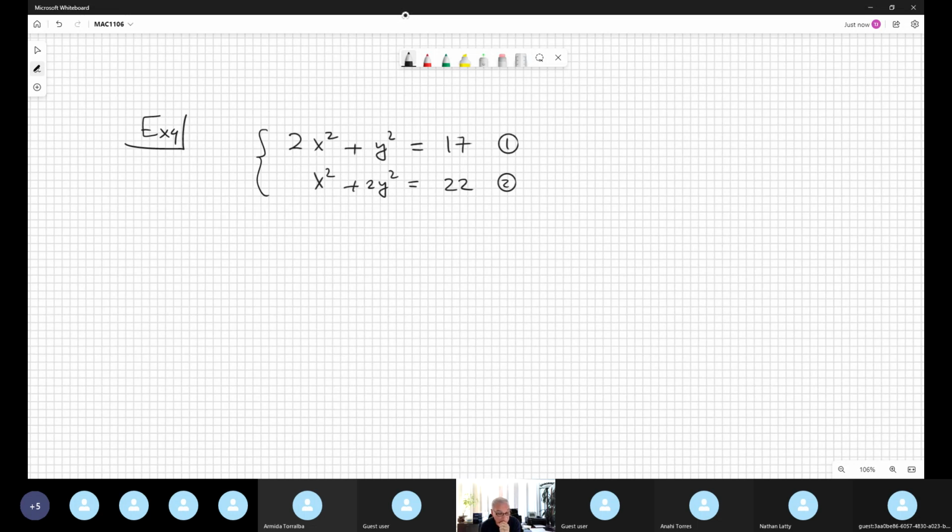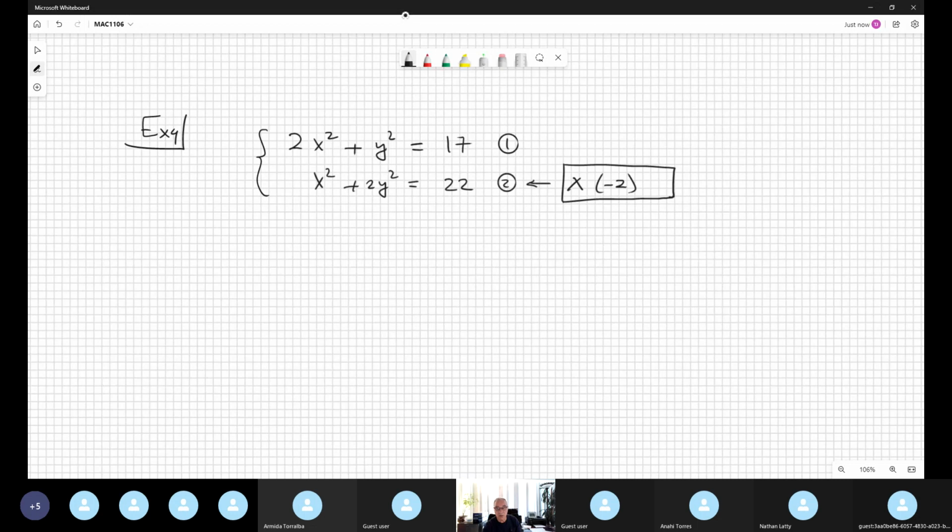Okay, we apply elimination. There are many ways, not infinite, but a lot of possible combinations. One possibility is you take equation 2 and multiply it by negative 2.